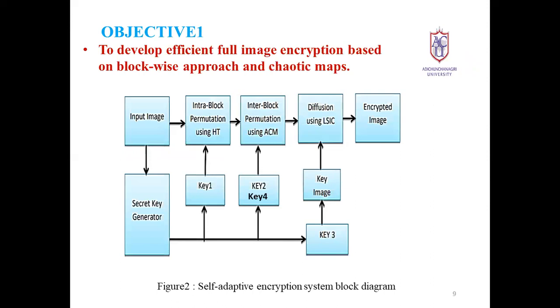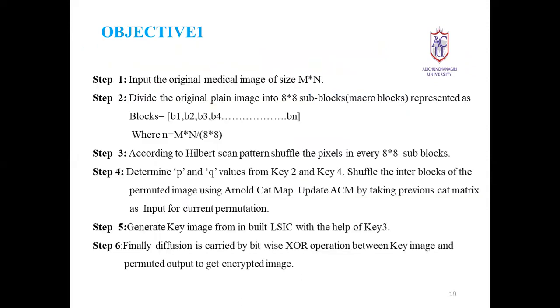So this is the proposed block diagram of objective 1. Here the input image is taken, and using the input image itself, we generate the secret key. That is why it is called self-adaptive. Using the input image, we are going to generate 4 keys, key 1, key 2, key 3 and key 4, using Hilbert transform.